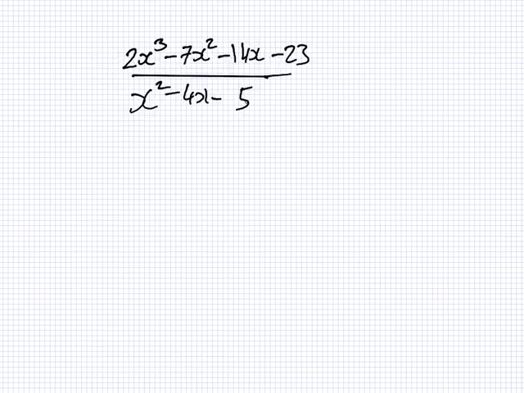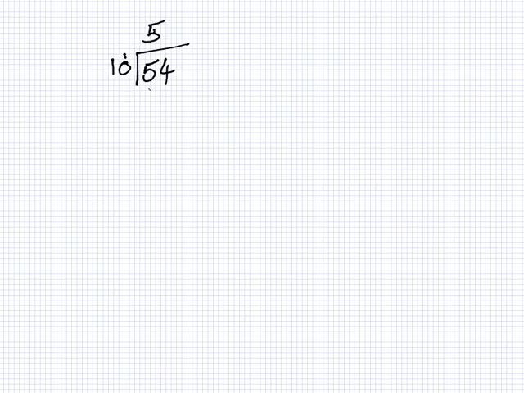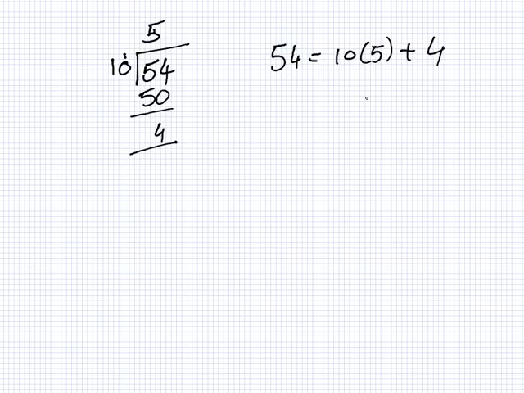Now here's the trick here. Suppose you had something like 10 divided into 54, for example. How many times does that go? Well, it goes 5 times, and you're left with 4. So you can say 54 equals 10 times 5 plus 4.